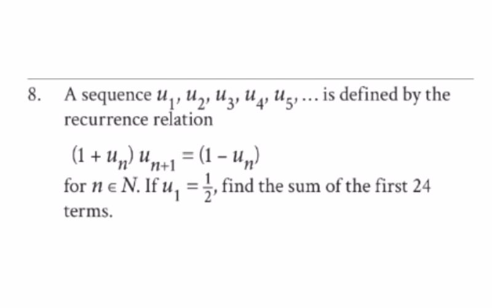We have this sequence. We're told that U1 is a half, and we're asked to find the sum of the first 24, so S24 required here. So U2, what's going to happen here? U2 is when n is equal to 1.